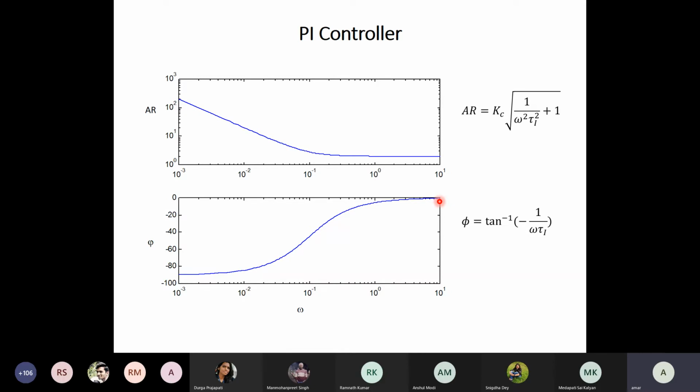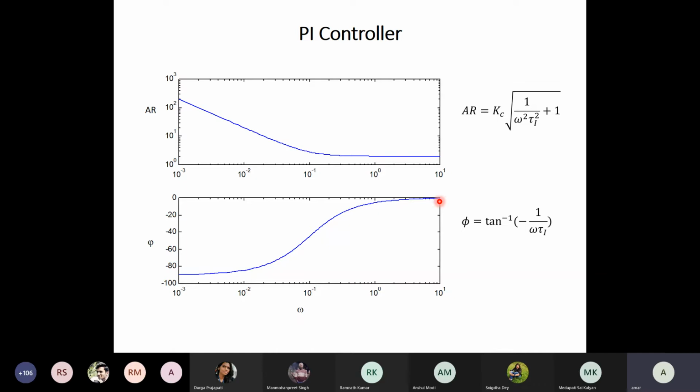Let's say I'm controlling a process having a transfer function G, and I'm not doing any feedback. So I have a transfer function G, and I am multiplying it with the controller transfer function, let's say GC.